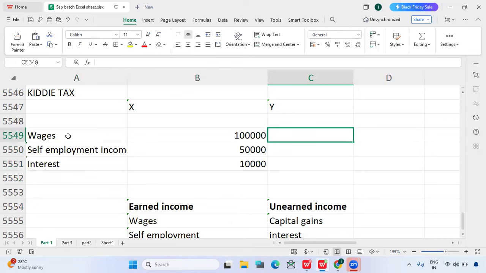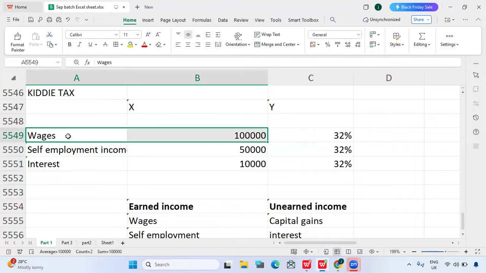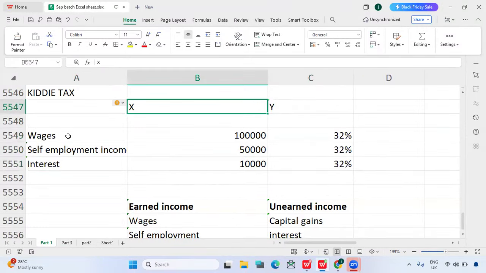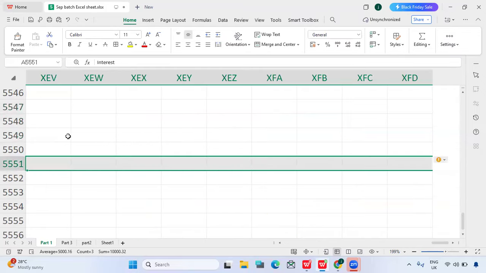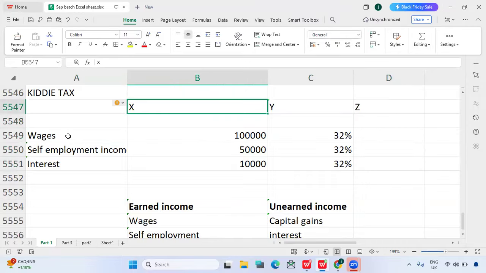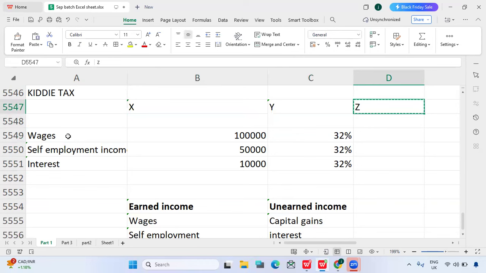So the taxpayer is standing at a 32% tax rate. Let's say I'm taking a flat rate, but for example purposes I'm taking 32%. Now the interest, is it earned income or unearned income? Let's say X and Y would like to transfer the bonds in the name of Mr. Z, who is actually a dependent, and Z will get the interest.